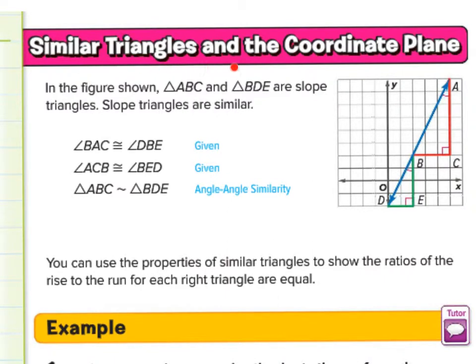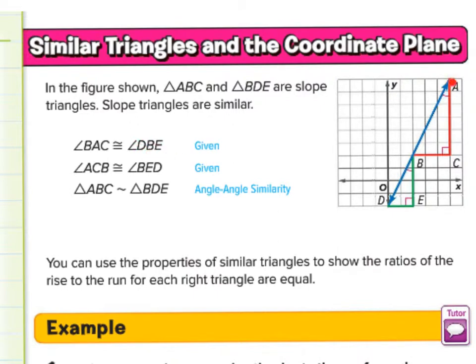Similar triangles and the coordinate plane. In the figure shown, triangle ABC and triangle BDE are sloped triangles. Sloped triangles are similar. We simply follow the same slope. Okay, and you can see here, angle BAC, again we're looking at angle A, is similar to angle DBE.